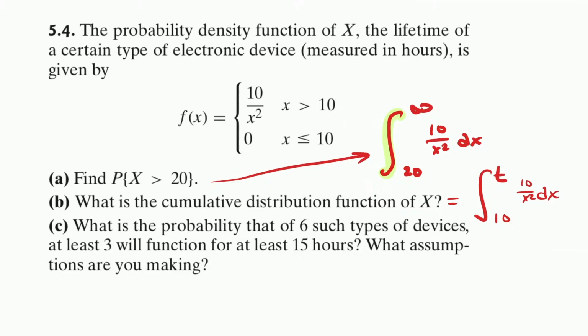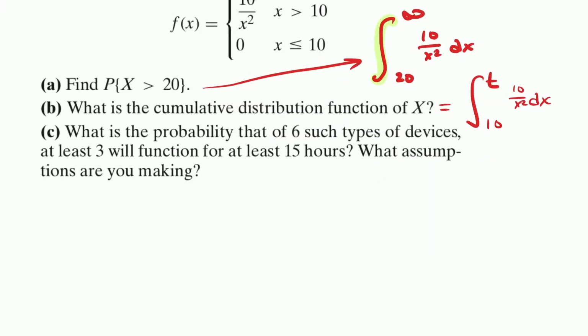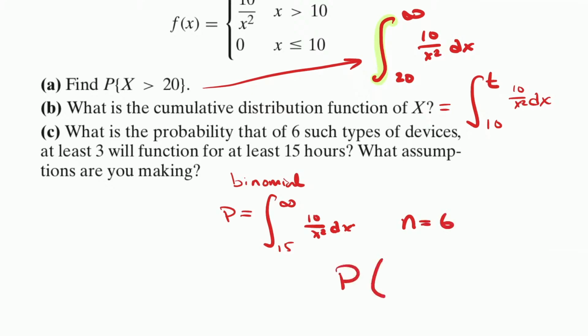And then the probability, so now we have something interesting. Of 6 such devices, at least 3 will function for at least 15 hours. So that is a binomial distribution where p is the integral from 15 to infinity of this, and n is 6, and we're looking for the probability of having at least 3, so greater than or equal to 3.